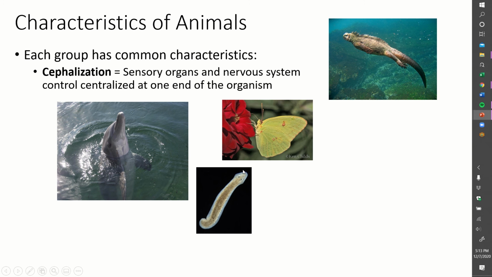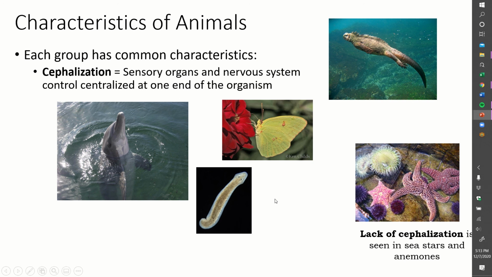All worms do. A lot of what we think of as very primitive animals do have cephalization. The things that have radial symmetry do not have cephalization. They don't have a head. So we do see cephalization in most things that have bilateral symmetry, but not things that have radial symmetry.